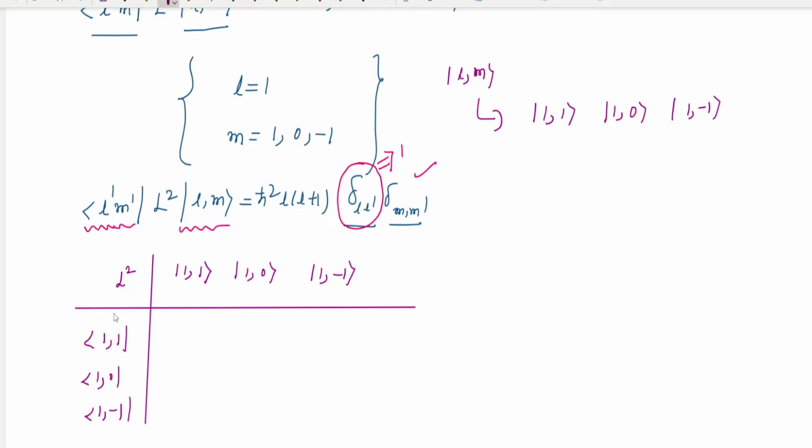So if you multiply these things, I'm going to explain the first thing, which means this bra vector and this ket vector. So check here, please observe carefully. All are similar, there are no changes. L square on 1 comma 1 equals h cross square, so this is 2, 1 plus 1.